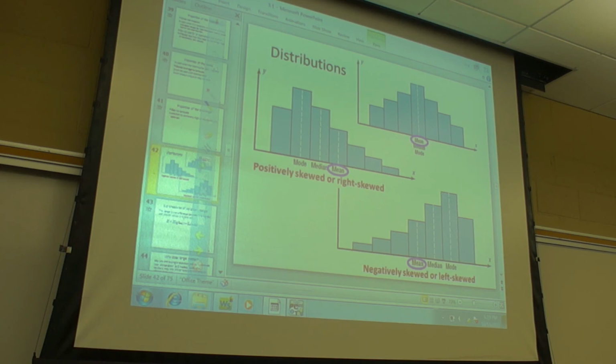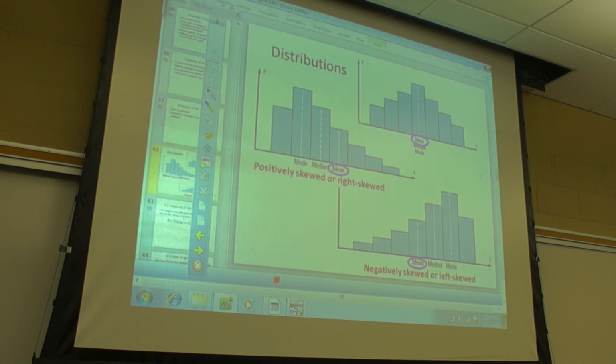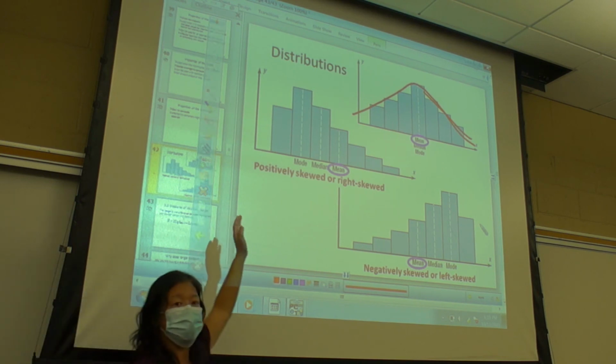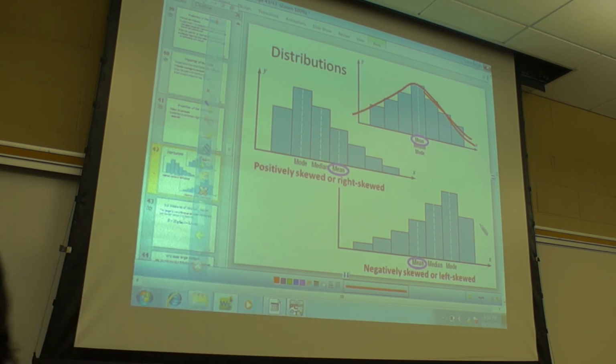Another thing that we touched on once before, but I wanted to bring up again, was talking about the different distributions, right? So you have a normal distribution. In the normal distribution, the mean, median, mode are all smack dab in the center. And then I think there was someone in this class who talked about how their instructor talked about left skewed and right skewed. So right skewed means that you skew to the right, right?